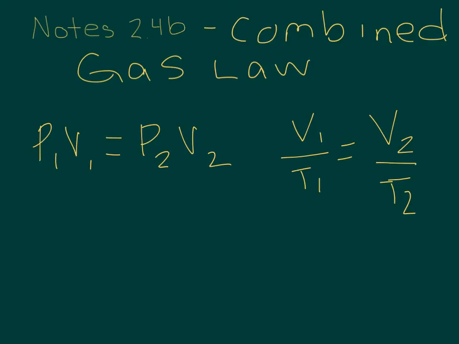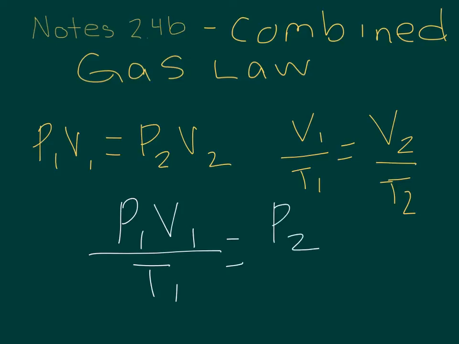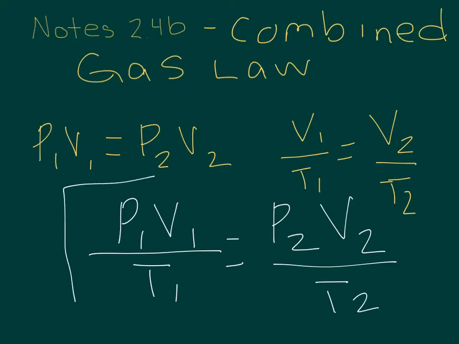If we were to combine the two into one, we would end up with this: P1 times V1 over T1 equals P2 times V2 over T2. And this right here is the equation for the combined gas law, again to be used when pressure, volume, and temperature are all changing.